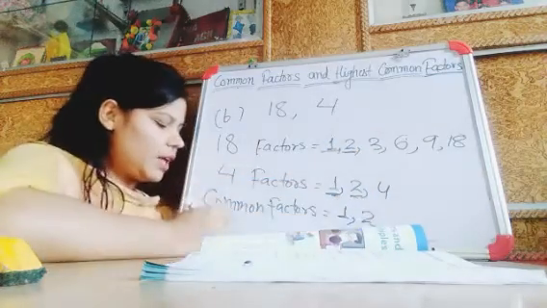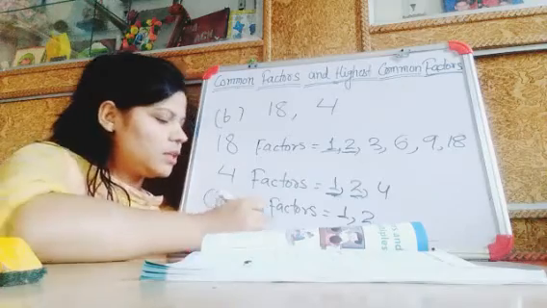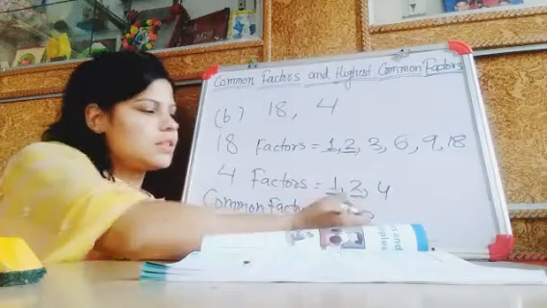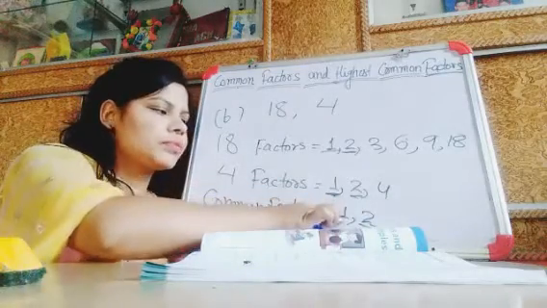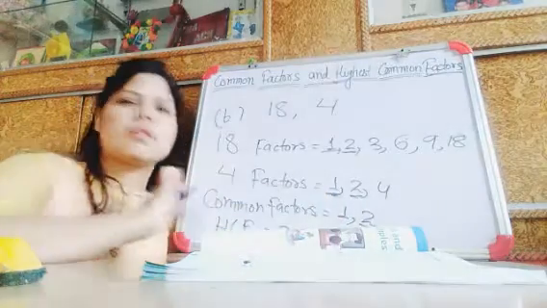Understand? Then the highest common factor is the highest in these two numbers. 2 is the highest and 1 is the lowest. Understand, dear student?